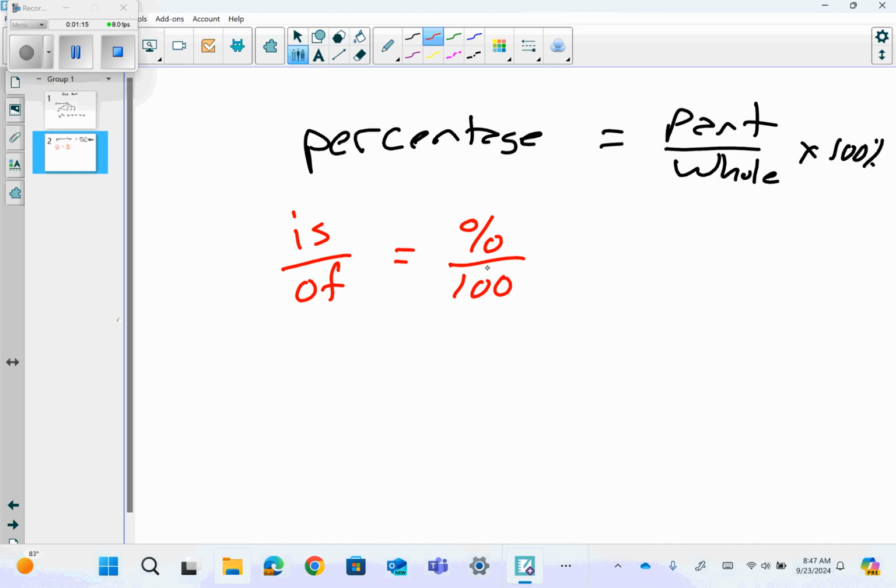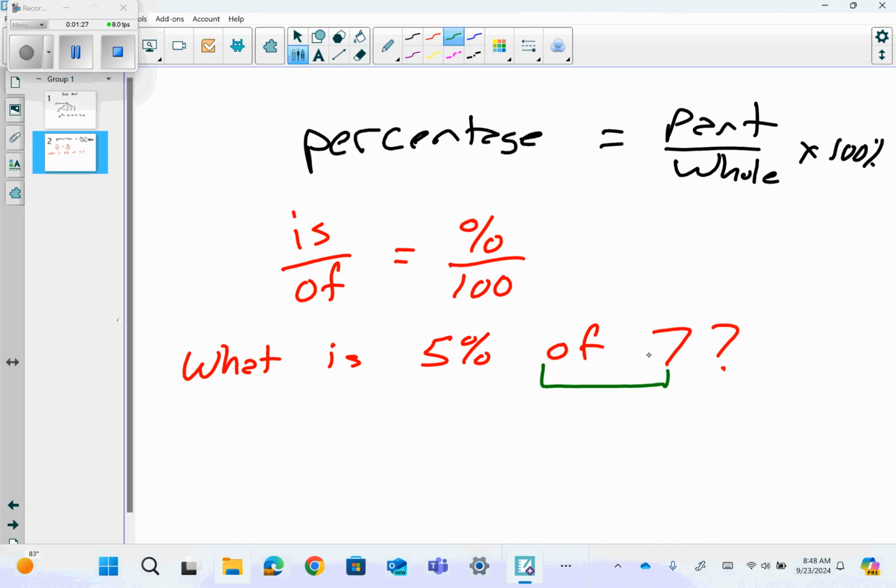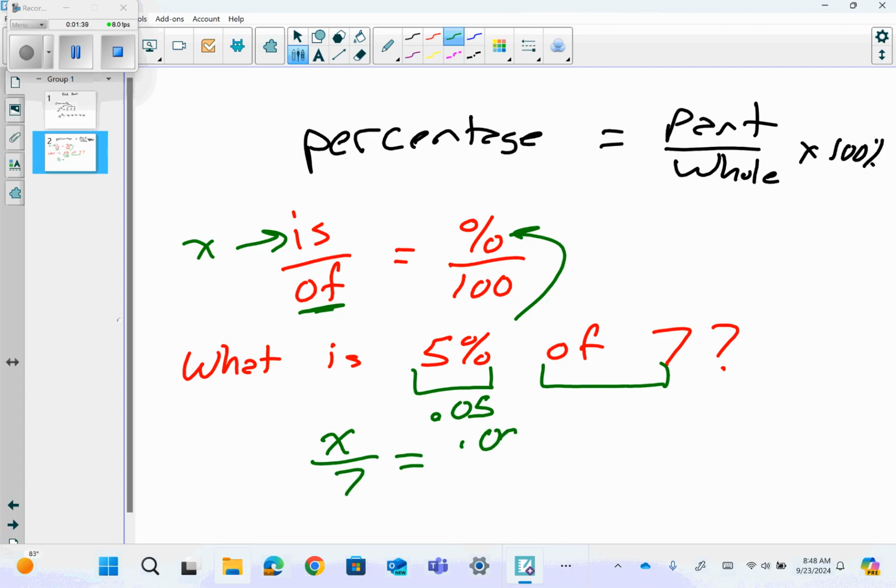So if I had a problem that said, what is 5% of 7? A few things you're going to look at. Notice I have "of 7." That's going to fit in the of part. 5% goes in here, and this is our unknown. So we'd get x over 7 equals 5% over 100.